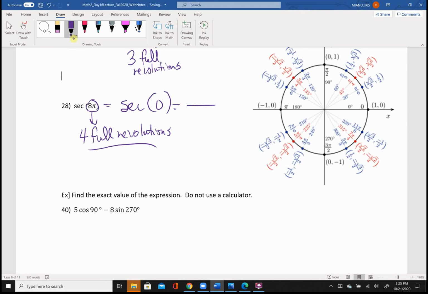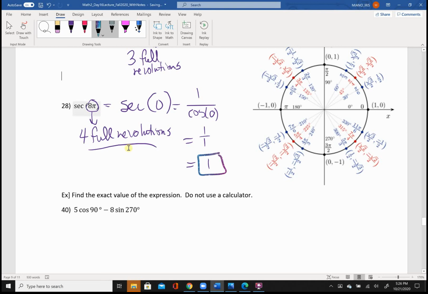Well, the secant is 1 over the cosine of 0, which will be, what's the cosine of 0, y'all? Well, the cosine of 0 is going to be 1, because here I am at the 0 position, right? And the cosine is always the thing in the x position of the ordered pair. So that'll be like a 1 over 1, but just call it a 1. So therefore, the secant of 8 pi is equal to 1.